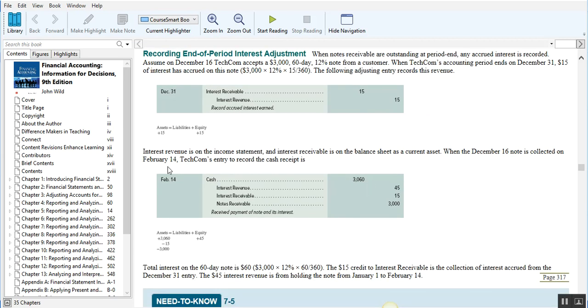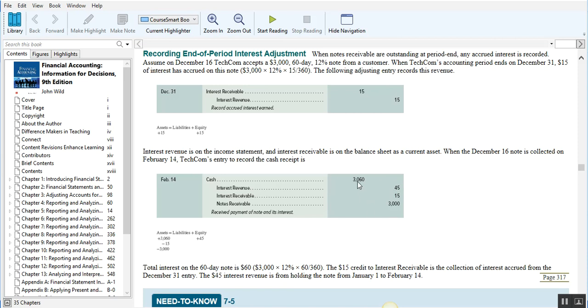Then when the customer actually pays the note when it's due, February 14th, we're going to debit the cash for the amount of the note plus interest. The note itself is $3,000. The entire interest is $60, but we've already booked $15 as interest receivable and interest revenue. So we only need to book interest revenue of $45 at the first of the year after the note is collected.